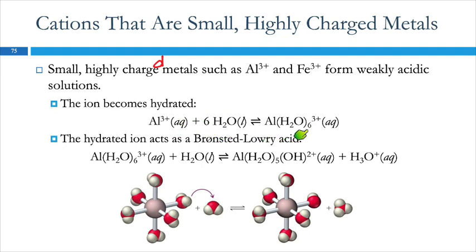So 6 water molecules are going to come and hang around it. When ions dissolve in solution, they do get hydrated. What's different about this is that the hydrated ion can act as a Bronsted-Lowry acid. So this can donate a hydrogen ion to water, producing hydronium ion. So it's acting as an acid.